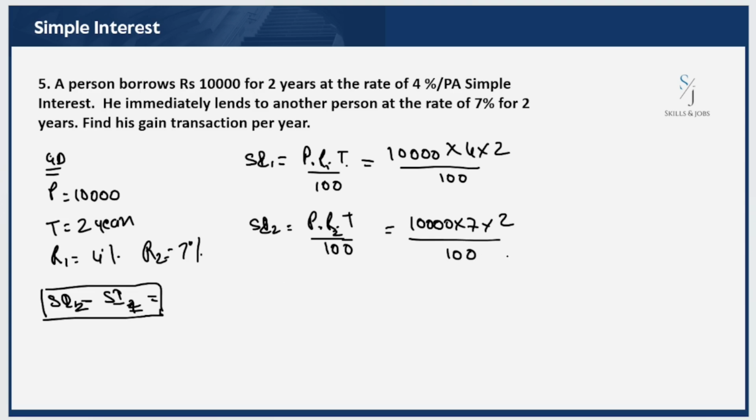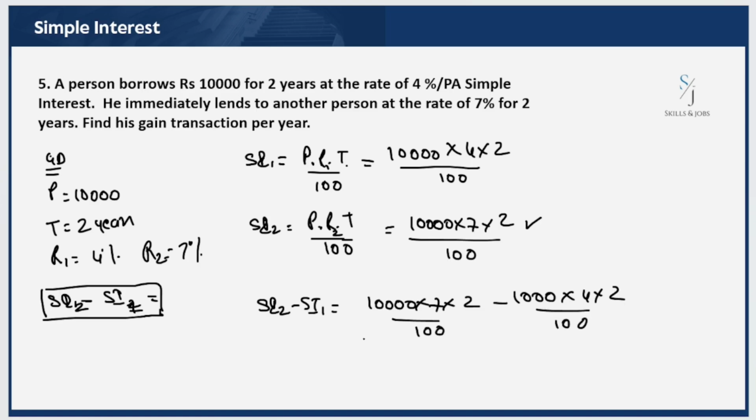Now let us take the difference. Obviously, this is going to be the higher value. So simple interest 2 minus simple interest 1 is equal to 10,000 into 7 into 2 divided by 100 minus 10,000 into 4 into 2 by 100.